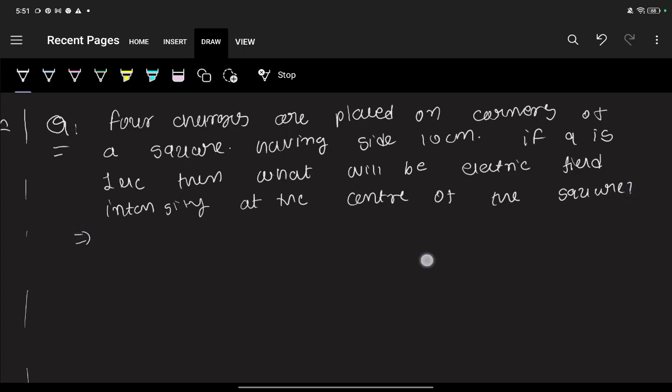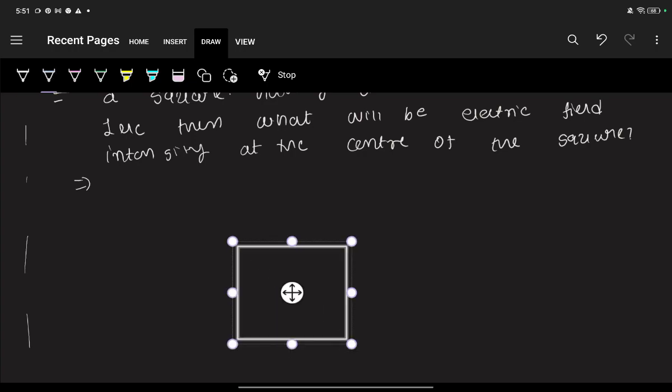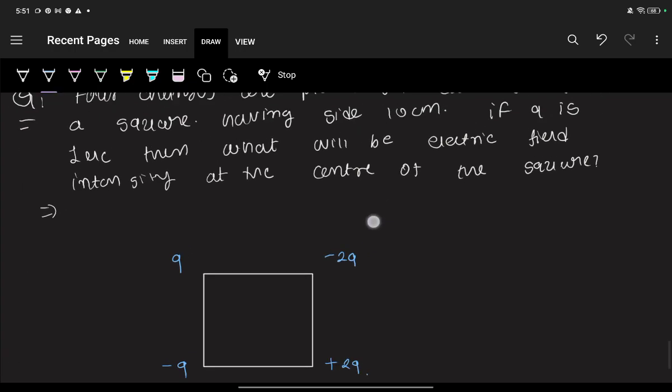The figure is like this: here is minus 2q coulomb, here is q coulomb, this is minus q, this is plus 2q. Write it down.